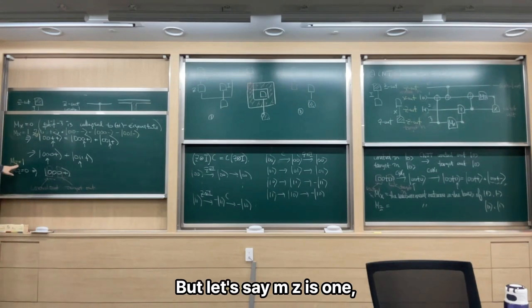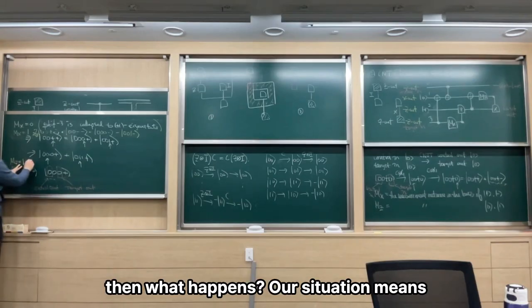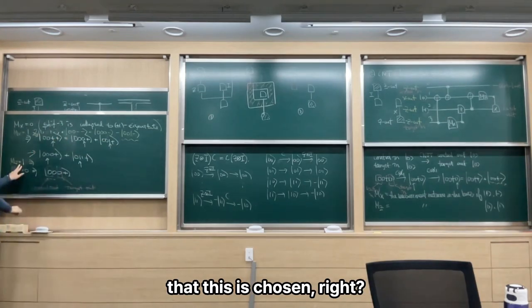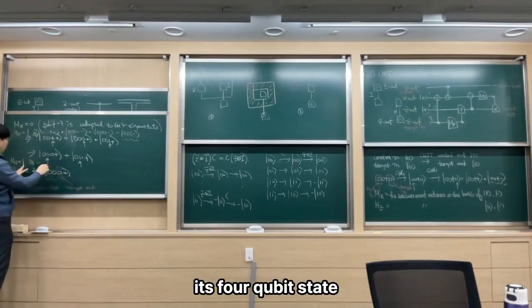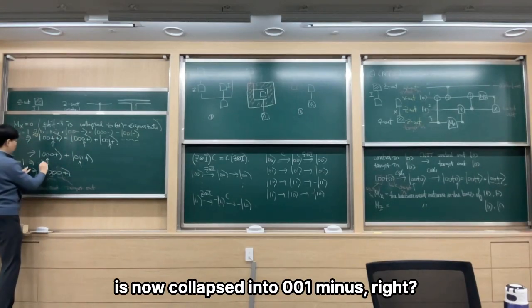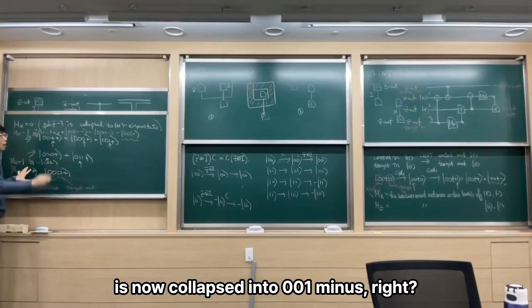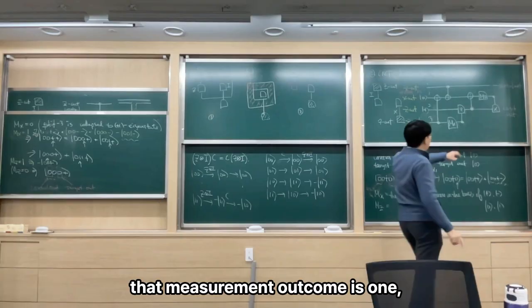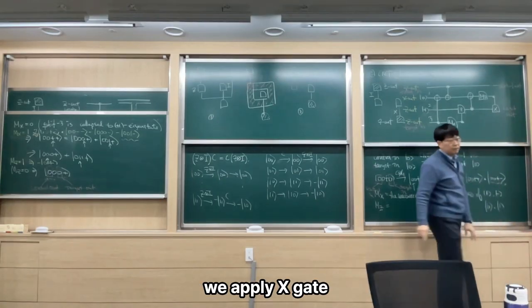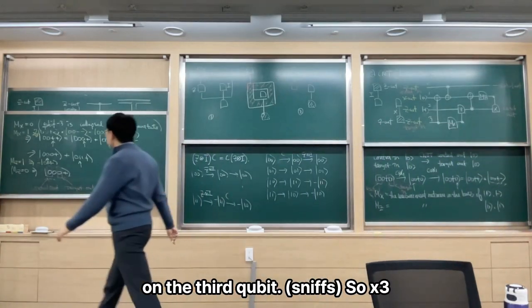So let's say in this case, anything can happen, but let's say MZ is 1. Then what happens? Our situation means that this is chosen, right? So this 4-qubit state is now collapsed into 0, 0, 1, minus, right? But because that measurement outcome is 1, we apply the X gate on the third qubit.